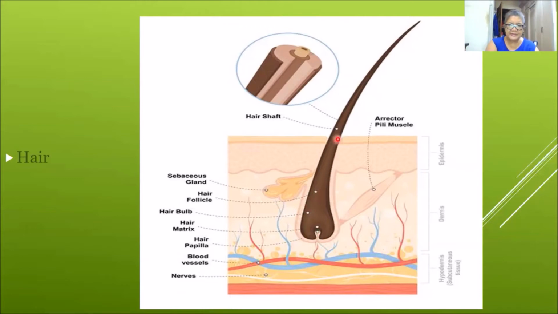What is seen outside, what we cut or shampoo, is your hair shaft.